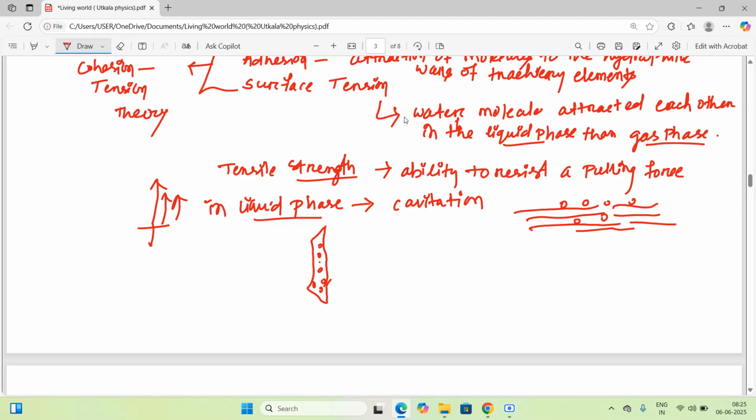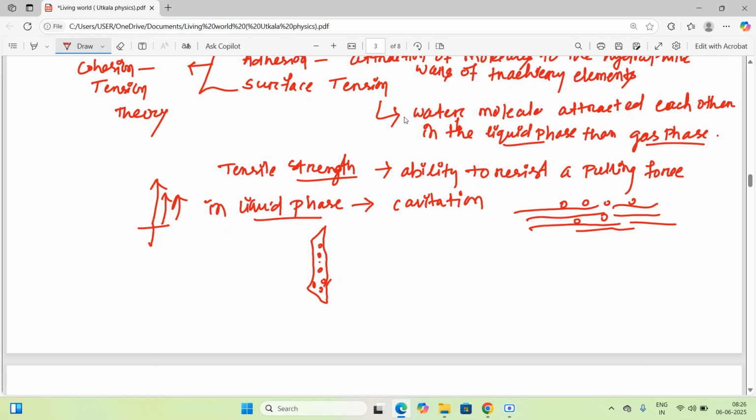Cavitation, the appearance of gas bubbles within the liquid phase, is more common in wide vessels than in tracheids, and can occur during drought stress or when the xylem freezes in winter. In the winter season, the xylem or the liquid sap will freeze. Okay, then the bubbles are present.